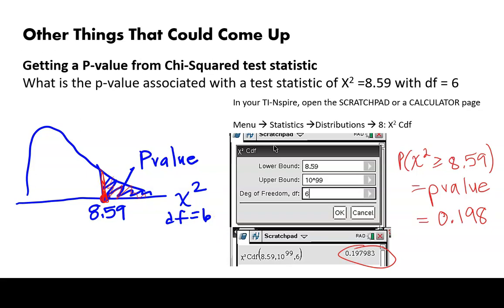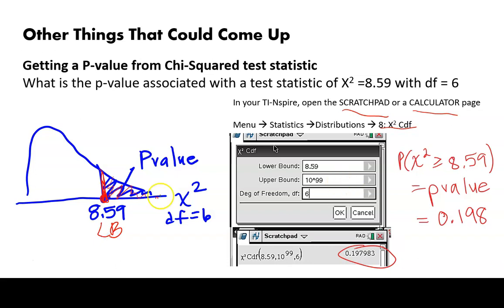So in my calculator, I'm going to go into a scratch pad or a calculator page. It doesn't matter, but just the scratch pad will work. I'm going to go menu, statistics, and distributions. This is the same chain of command that we do for norm CDF and T-CDF. So you're going to pick number 8, which is chi-squared CDF. It's going to ask you for the lower bound. The lower bound is going to be your chi-squared value.